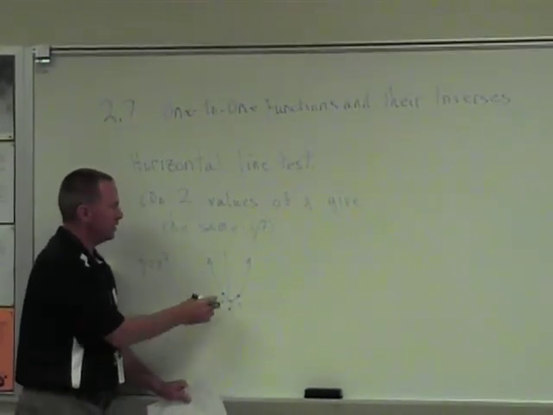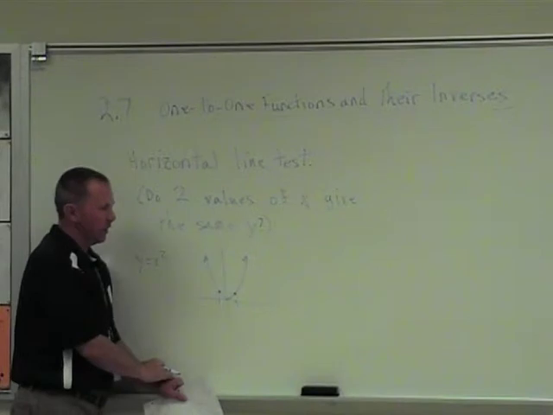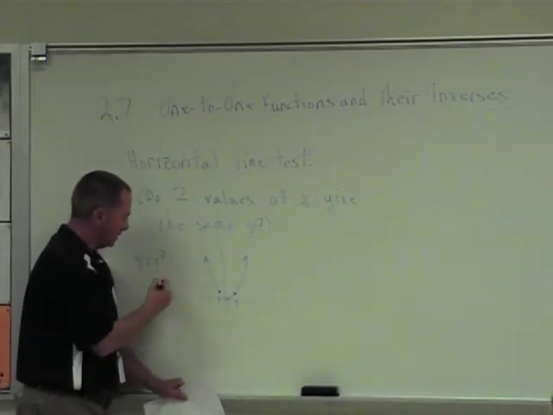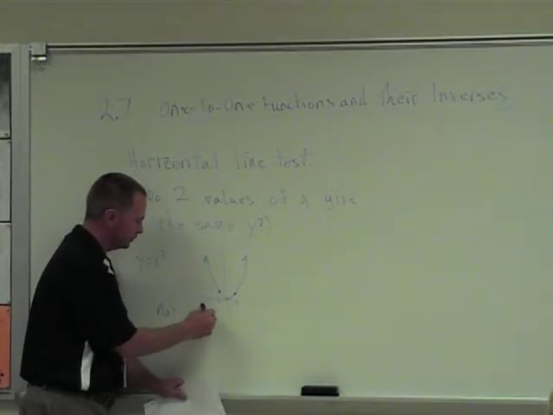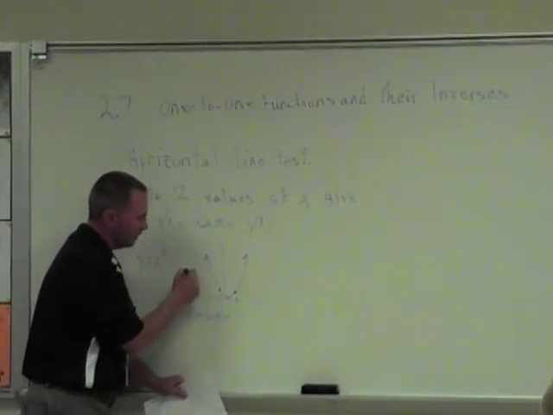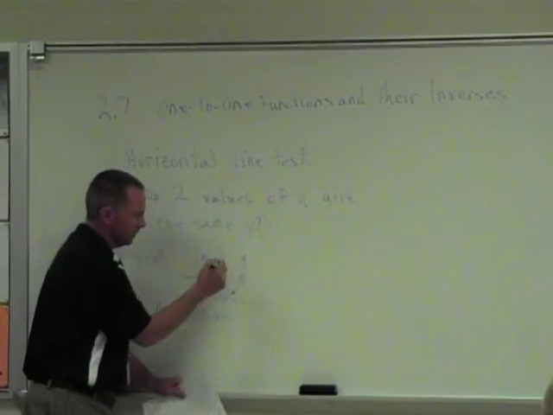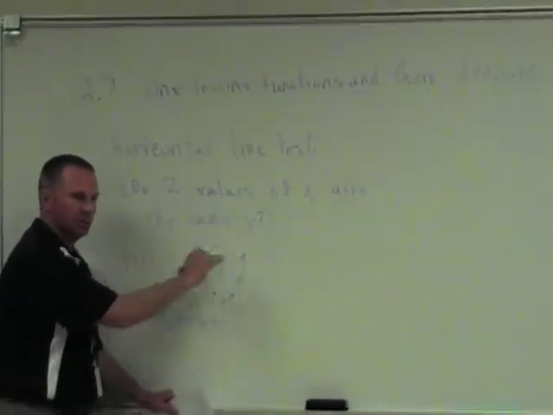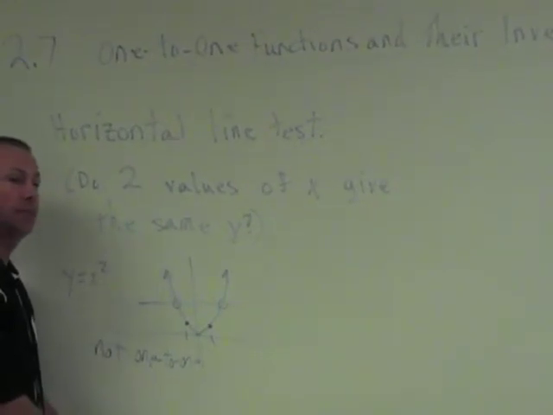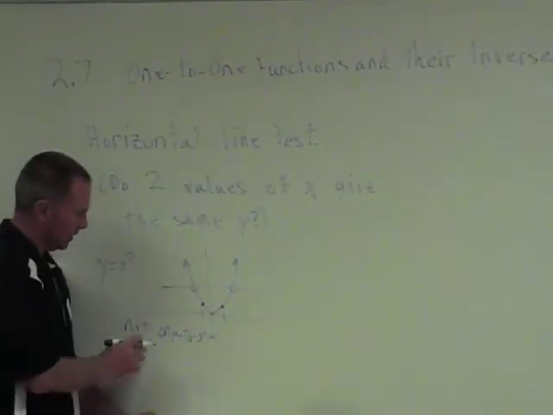So two different values of x, and I get the same y. So this is not one-to-one. And it also fails the horizontal line test. Can you see it? Not one-to-one.